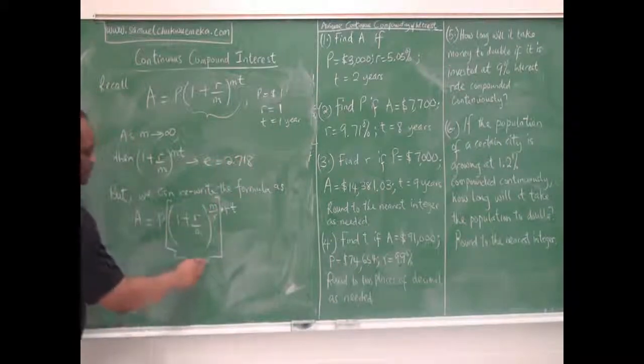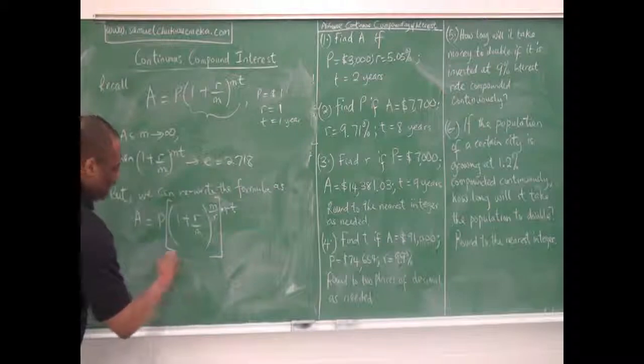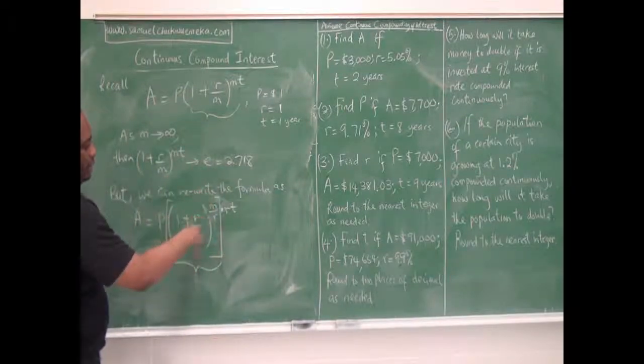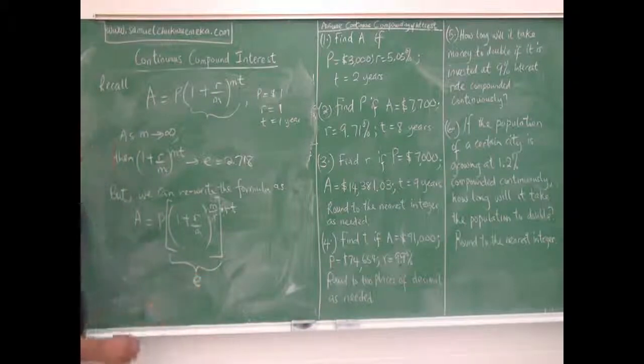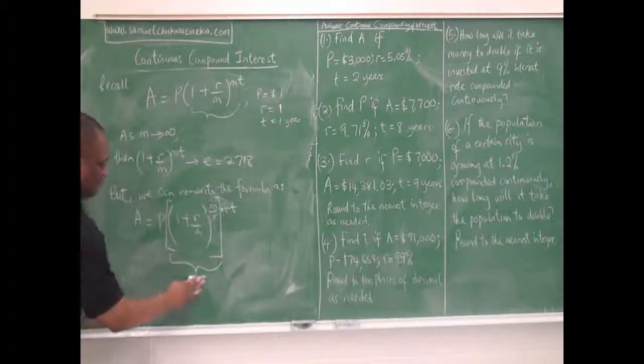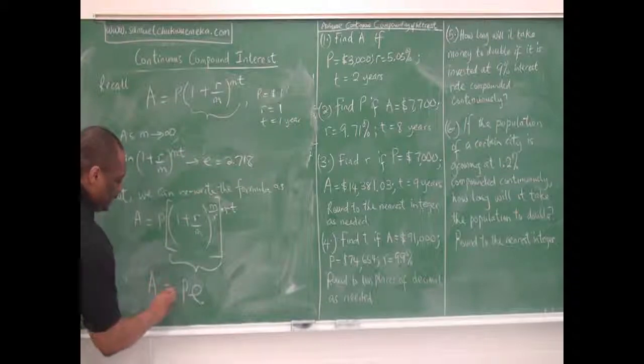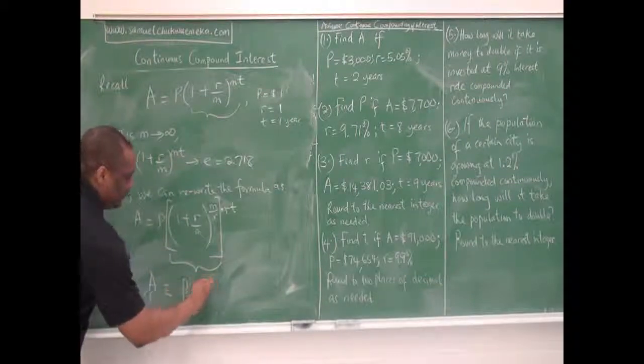So this now, if you look at it, the main guy here is M anyway. So this still tends to E, right? And this will now be that A will be P E raised to power RT.